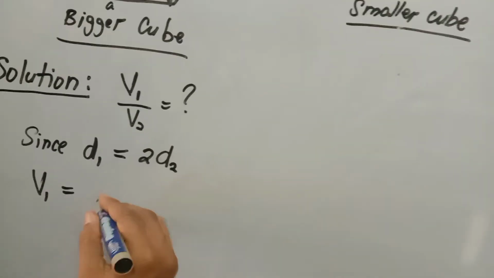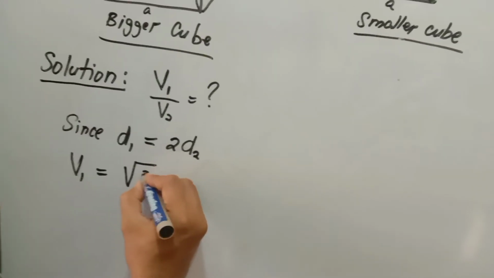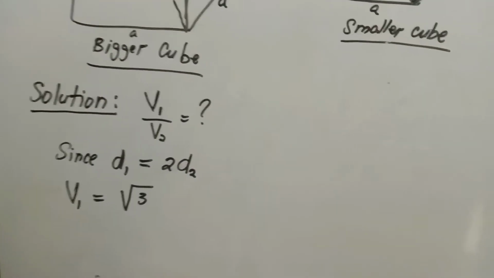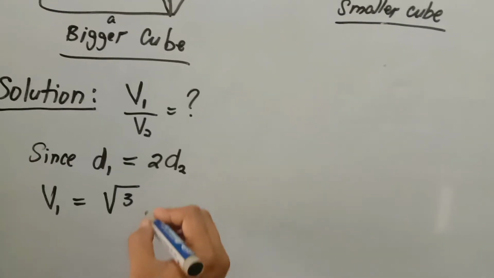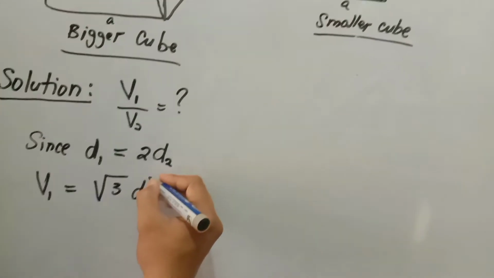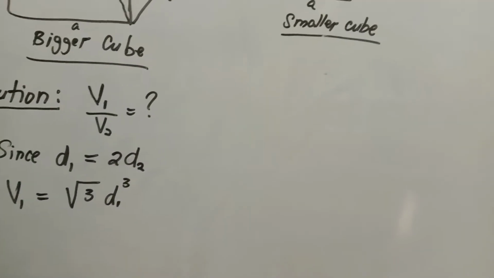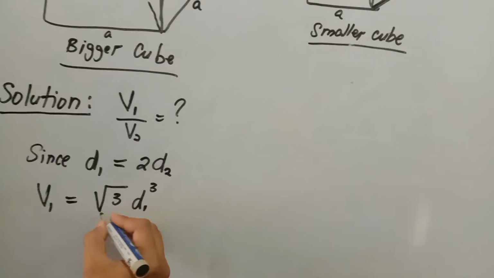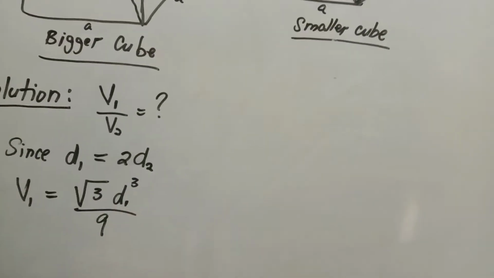So it's equal to square root of 3 times D1 cube over 9.